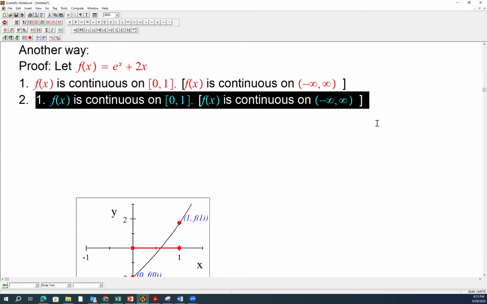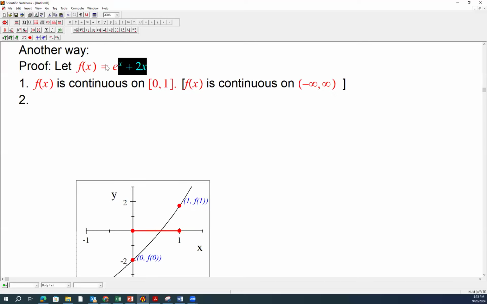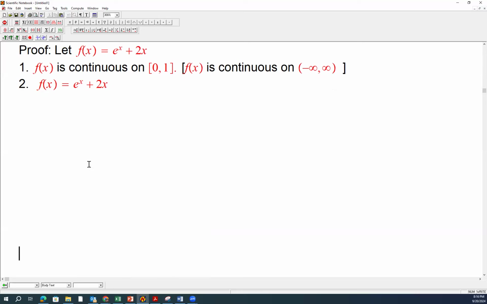Oops, sorry. I'm going to copy this function. I'm going to remove that picture. Okay, don't need to see that picture right now.